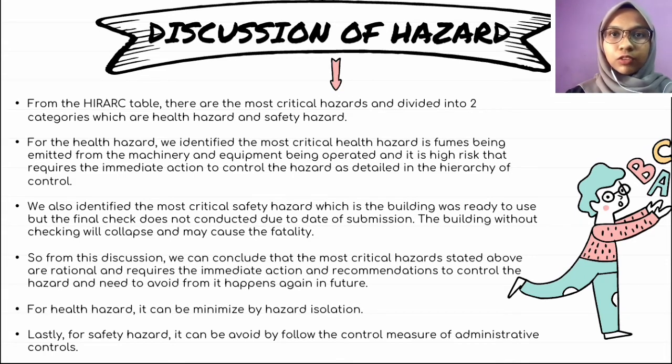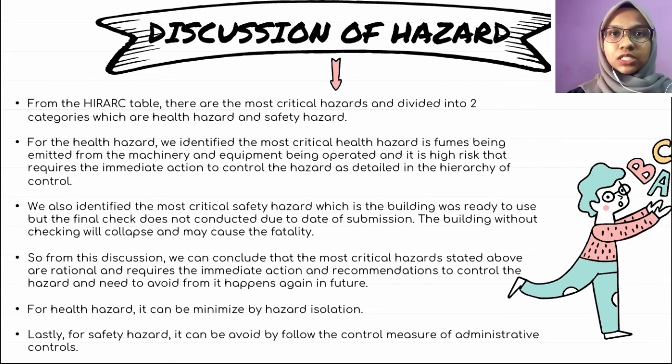We also identified the most critical safety hazard is that the building was ready to use but the final check was not conducted due to the date of submission. A building without checking may collapse and may cause fatality.